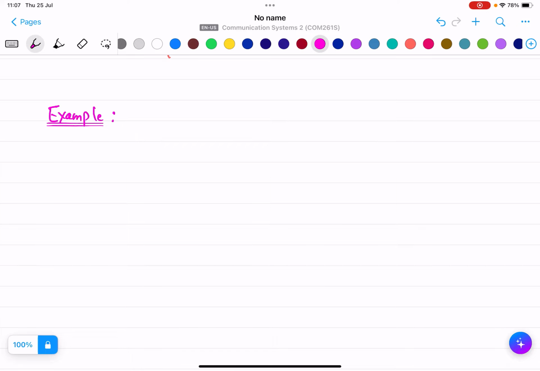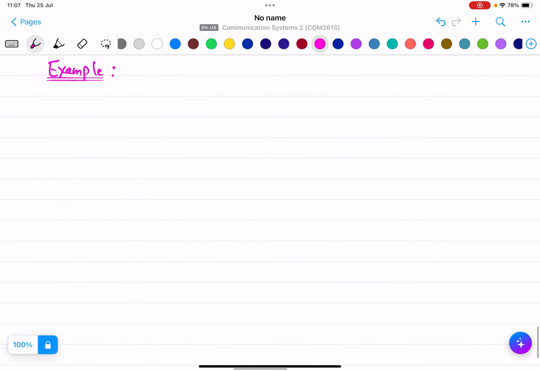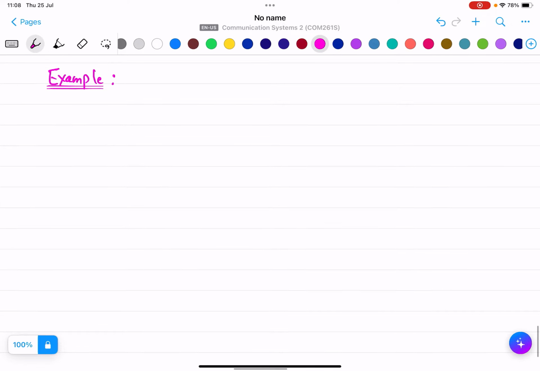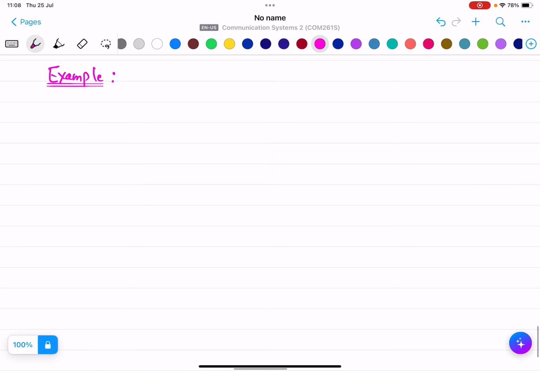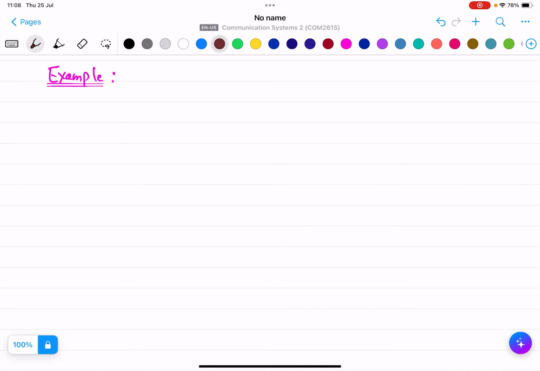Okay, so very important example. Let us say 1011, we need to transfer this: 10110001.